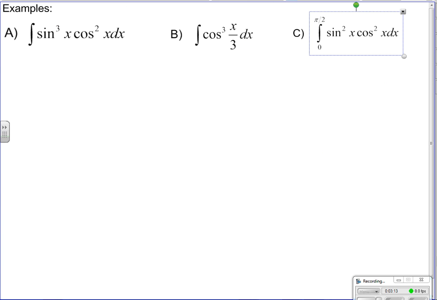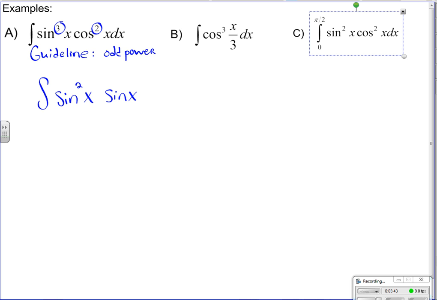So, problem A. What I notice is that I have an odd degree for my sines and an even degree for my cosine. So this would follow that guideline on the front side of our notes, where we're talking about an odd power of sines. For that, it suggests that you break this sine down into a sine squared and a sine to the first power. Add the powers and we're back up to a sine cubed. This sine x to the first, I'm going to slide over.